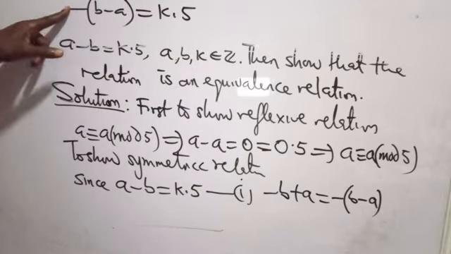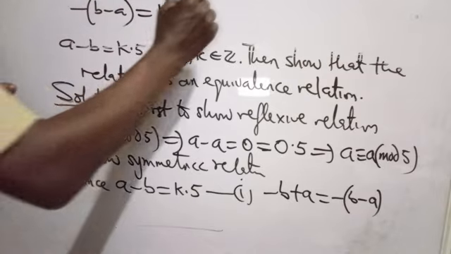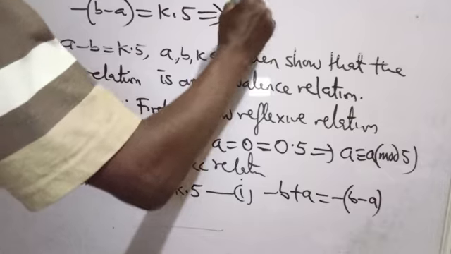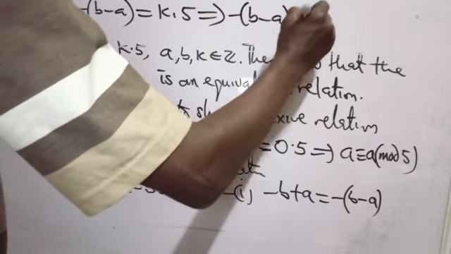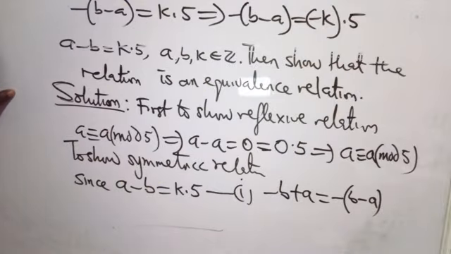Why? Because this minus means the k will be affected. And don't forget, k is an integer. So this implies that −(b − a) = −k·5.